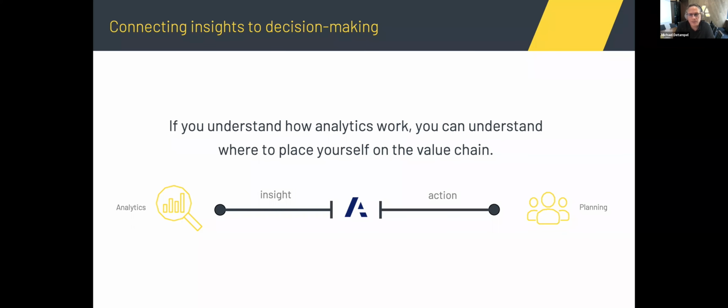But the typical planning process and experience really isn't all that cohesive. There's still a lot of friction between data and analysis, generating insight, and then actually taking action. We struggle to generate insights in general for many reasons.